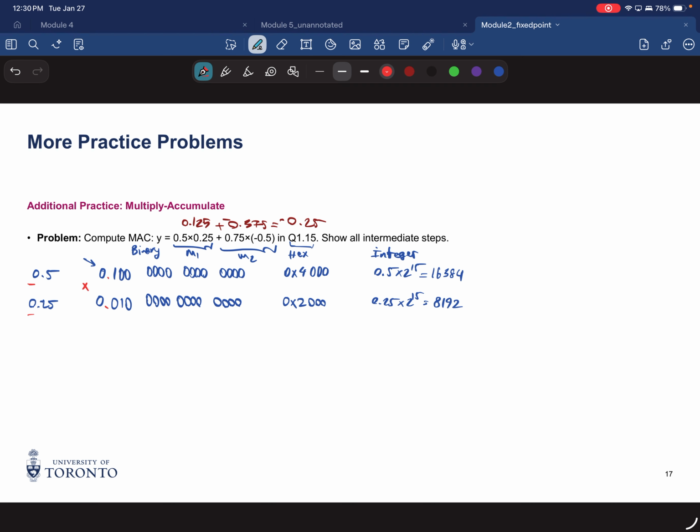The fractional ones get added together as well. So I have many ways to calculate this. I'm going to go one by one. In binary, we know how to multiply these, right? What we do is that we go row by row, and then we shift it, especially that it's positive, so we don't need to do anything else. And this is covered in the binary arithmetic section when we started this first module.